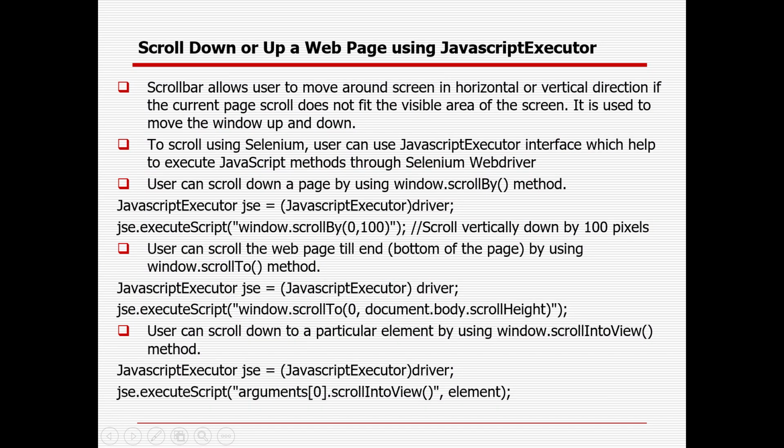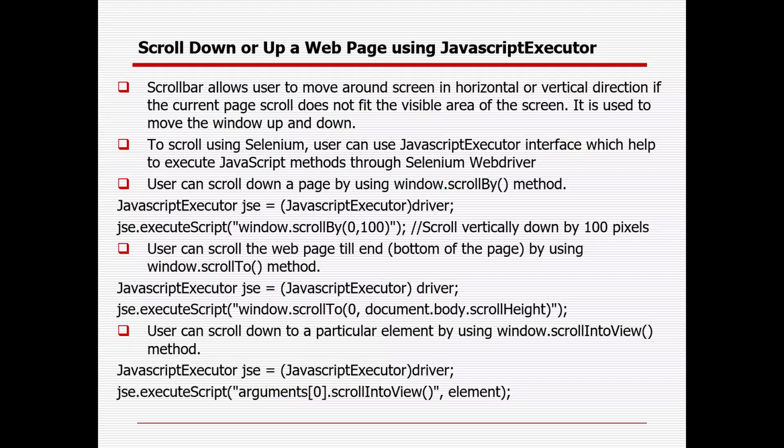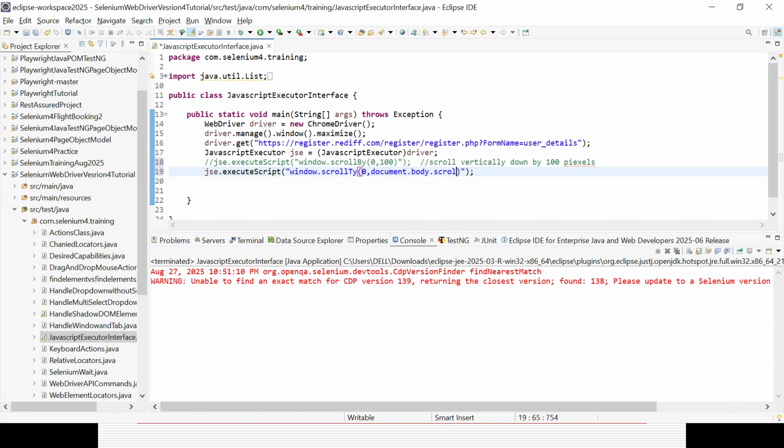So we give 0 here, and as the argument, document.body.scrollHeight. Otherwise, the rest of the stuff will be the same.